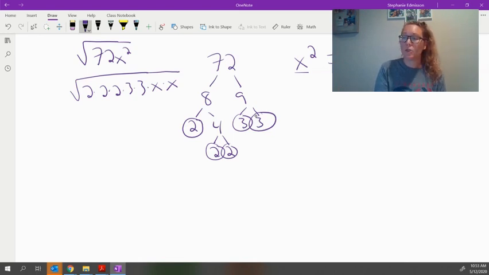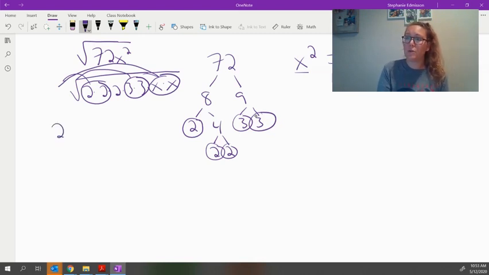Okay, next step. Circle our pairs. Here's a pair of 2s. Here's a pair of 3s. Here's a pair of x's. Remember, when you circle a pair, one of the numbers comes out, bloop, bloop, bloop, and the leftover stays in. So what this becomes is 2 times 3 times x, root 2.